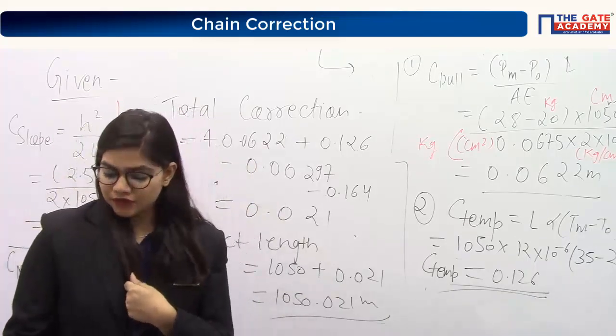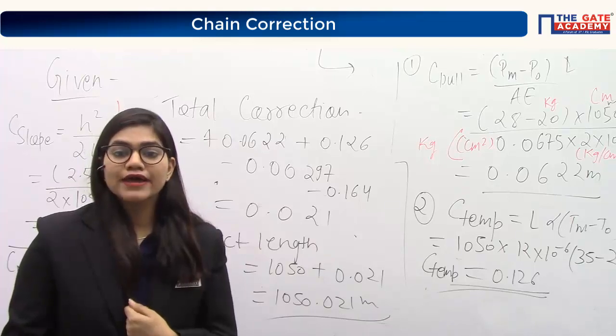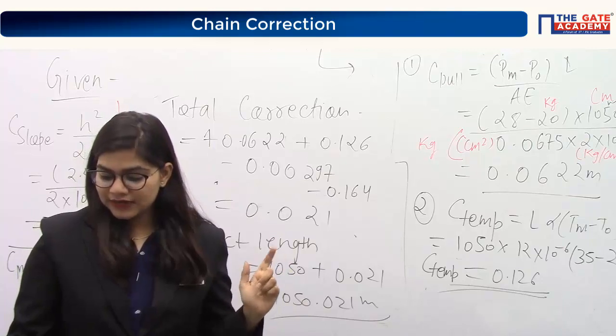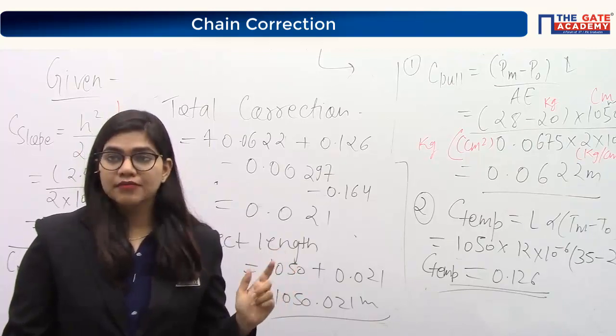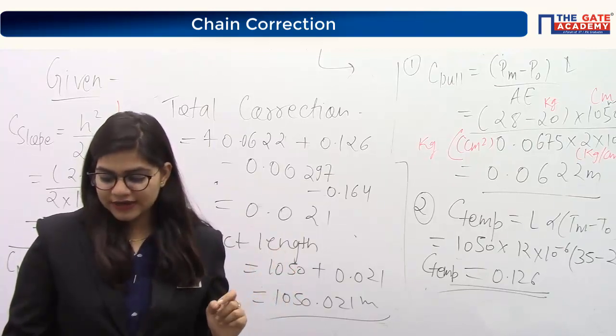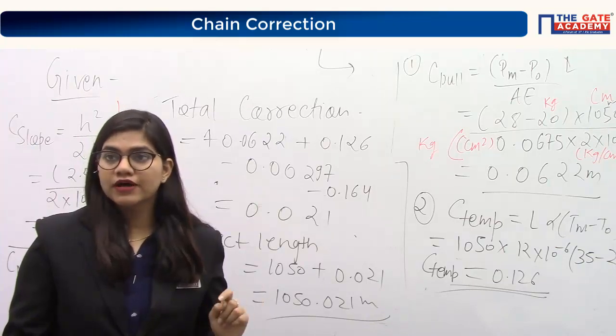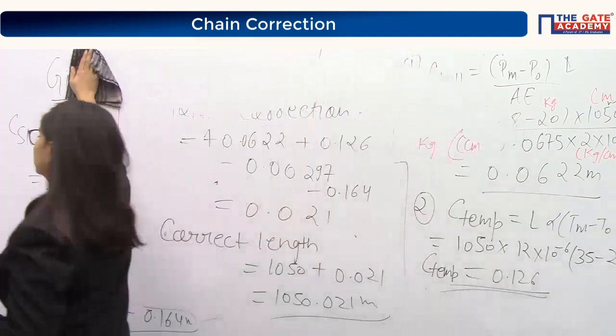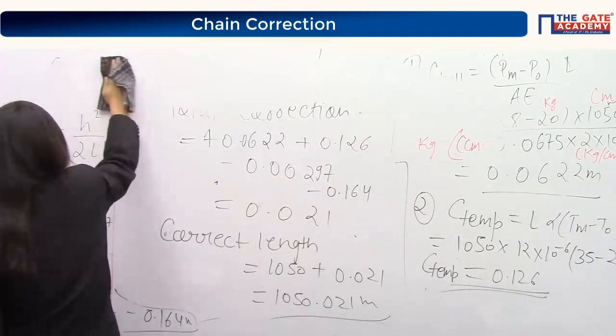Okay, I'll repeat the question. The required slope correction for a length 60 meter along a gradient of 1:20 is question mark. Just read the question carefully and understand what is given to you.